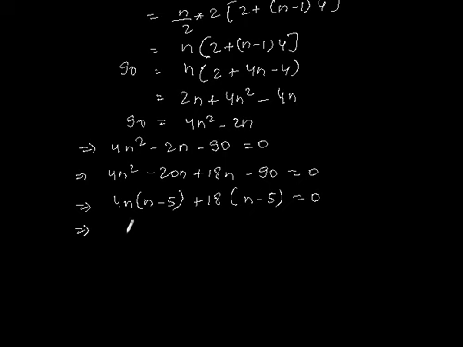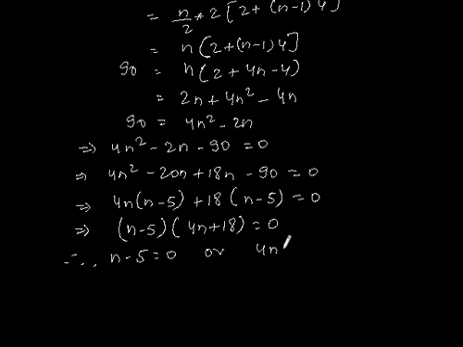This gives n minus 5 into 4n plus 18 is equal to 0. So we can say n minus 5 is equal to 0, or 4n plus 18 is equal to 0, which gives n is equal to 5 or n is equal to minus 18 by 4, which is equal to minus 9 by 2.